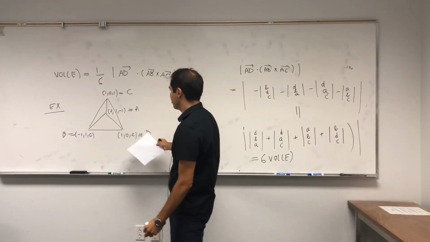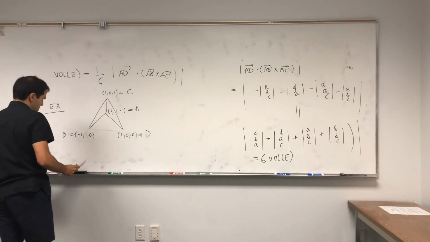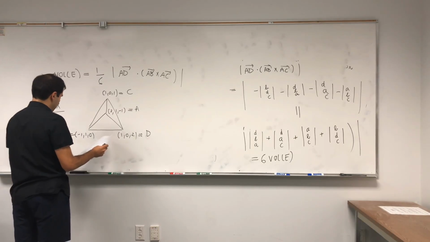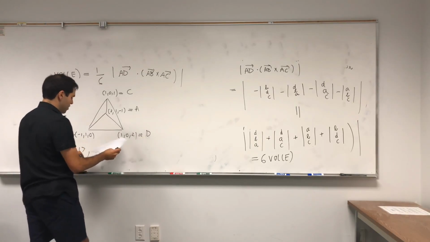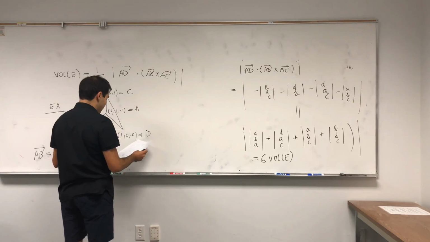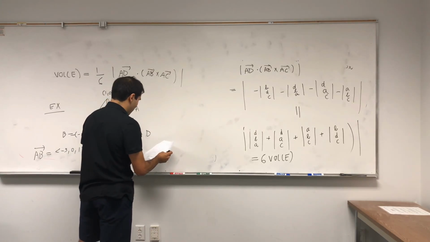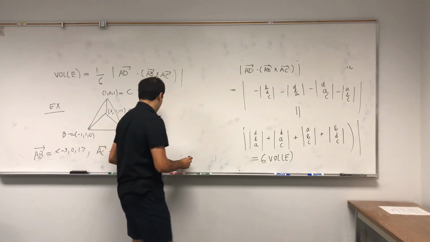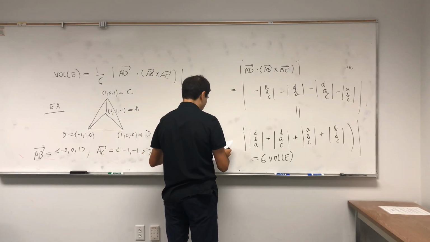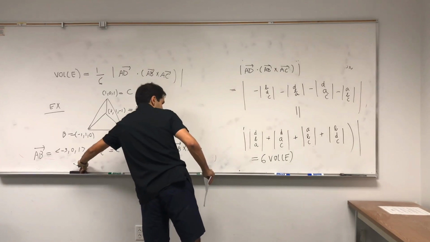And so now let's just calculate AB. That becomes minus 3, 0, 1. So this thing is minus 3, 0, 1. And AC is minus 1, minus 1, 2. And if you cross them, so AB cross AC, let's see.